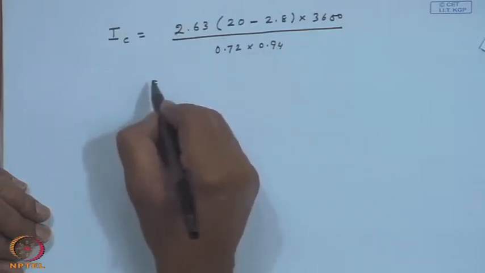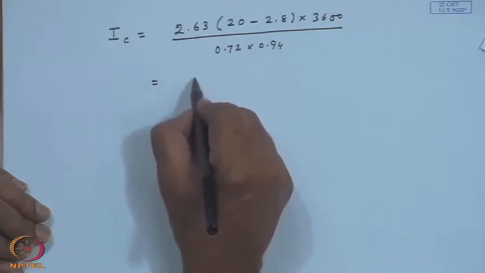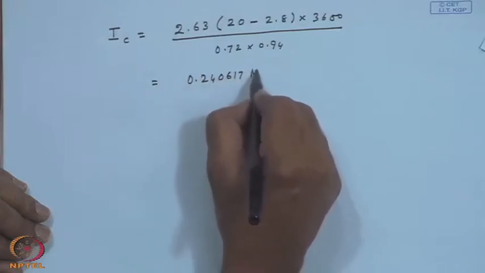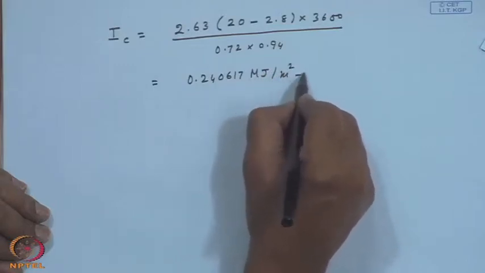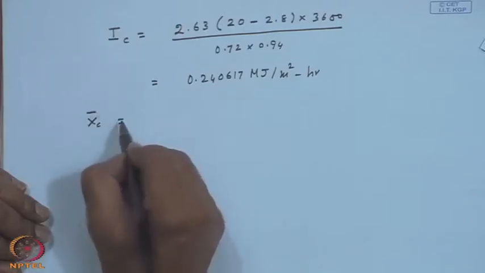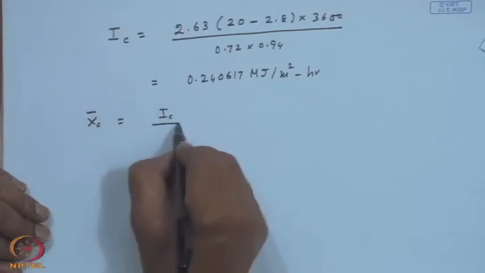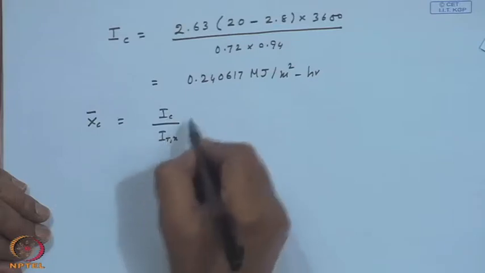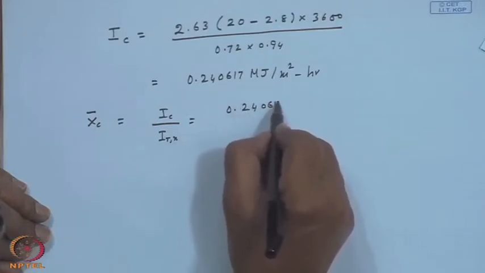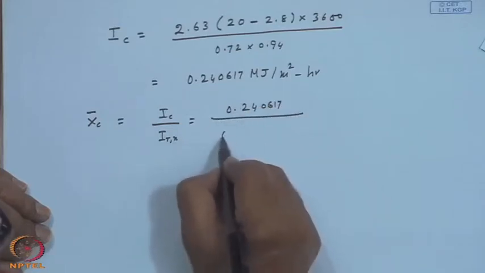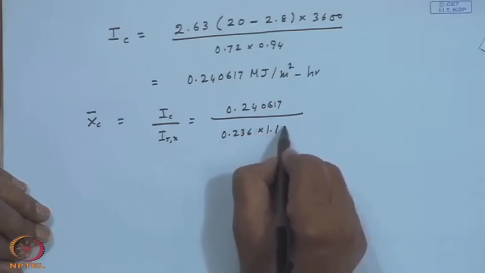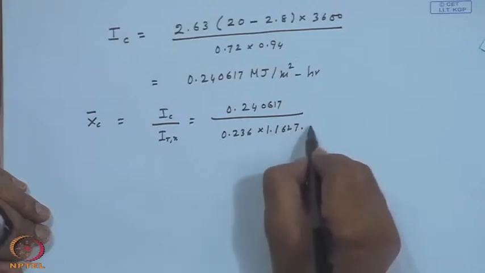So, this will be equal to 0.240617 megajoules per meter squared hour. The non-dimensional critical level will be IC by ITN, which will be 0.240617 by RTN Rn into H bar.